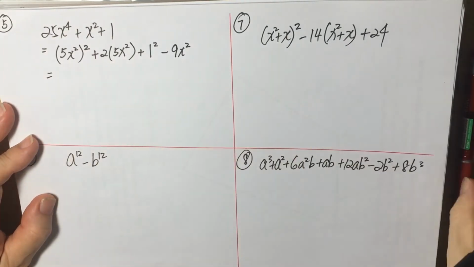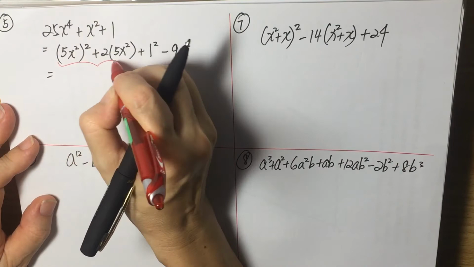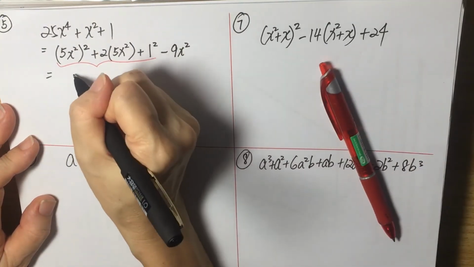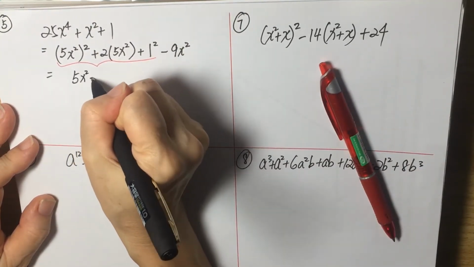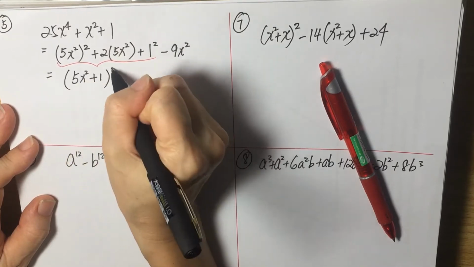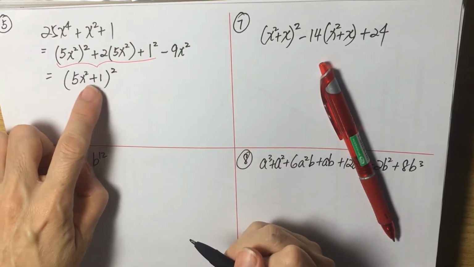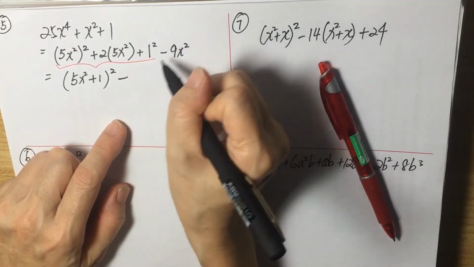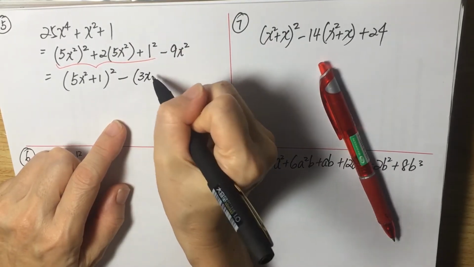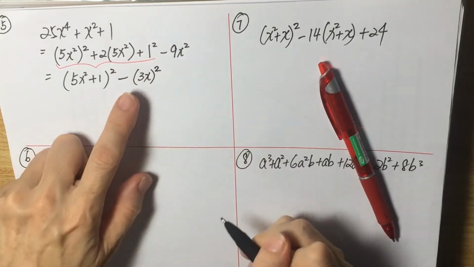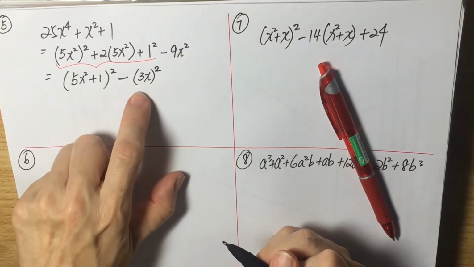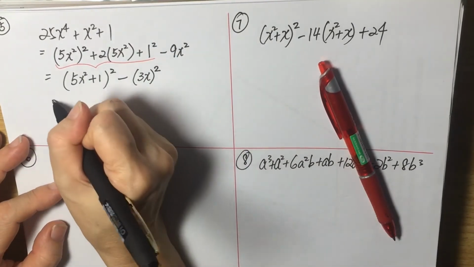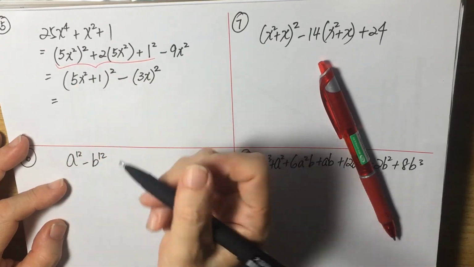So here, these three terms form a perfect square of 5x squared plus 1. So that will be a squared plus 2ab plus b squared, right? Okay, then this one here, I'm going to change it to (3x) squared because 3 times 3 is 9x squared. Okay, so now I'm having the difference of two squares.